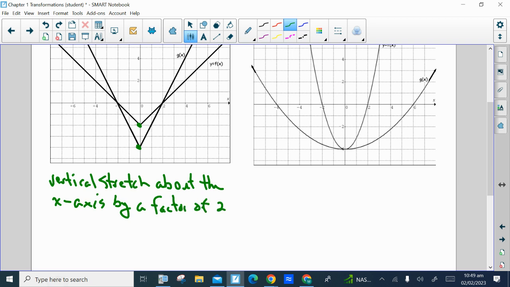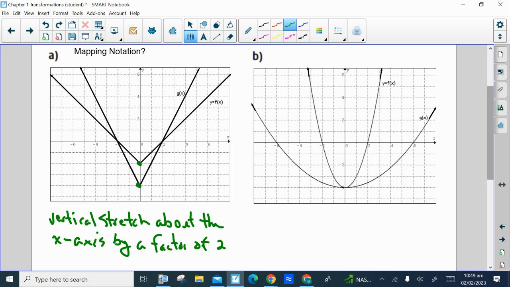And we can take some other points to check those as well. For example, if we take this point here on f with a y value of 2, if you vertically stretch that by a factor of 2, you'll get a y value of 4, and there it is up there. Okay, so you can check with some other points to make sure you have the correct stretch factor, as well as the correct line that it's been stretched about. In this case, it's the x-axis.